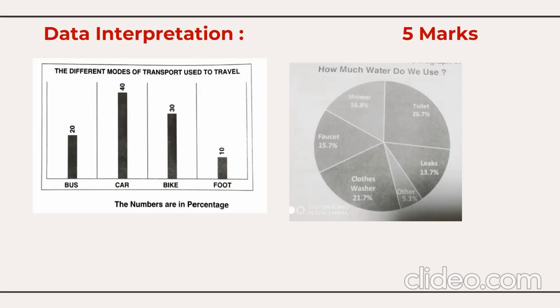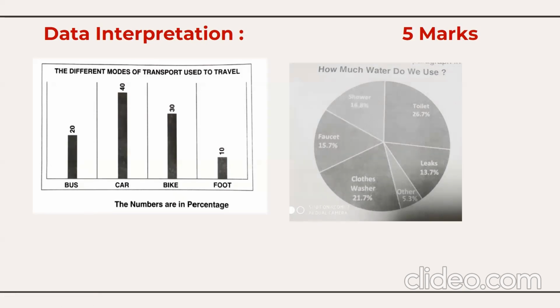First, try to describe each and every component. For example, if I take this first chart, the different modes of transport used to travel, this number is a percentage. 20% of people use the bus, 40% use a car, 30% use a bike, and 10% go on foot. So this is a one by one description.